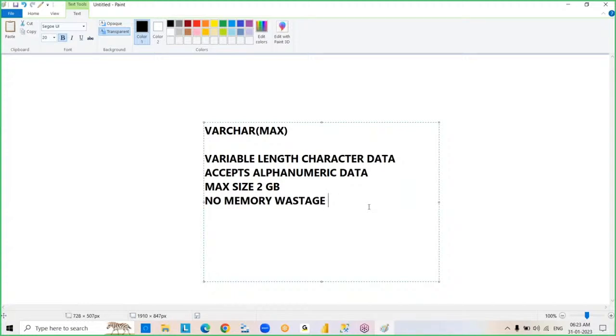Same scenarios. Variable length character data, accepts alphanumeric data. No memory wastage, but the only difference is max size 2 GB. That is the only difference.